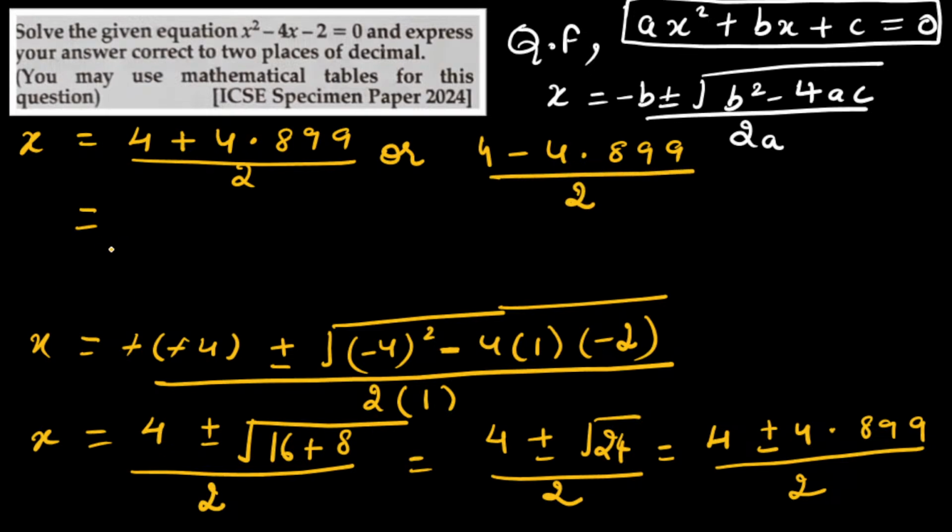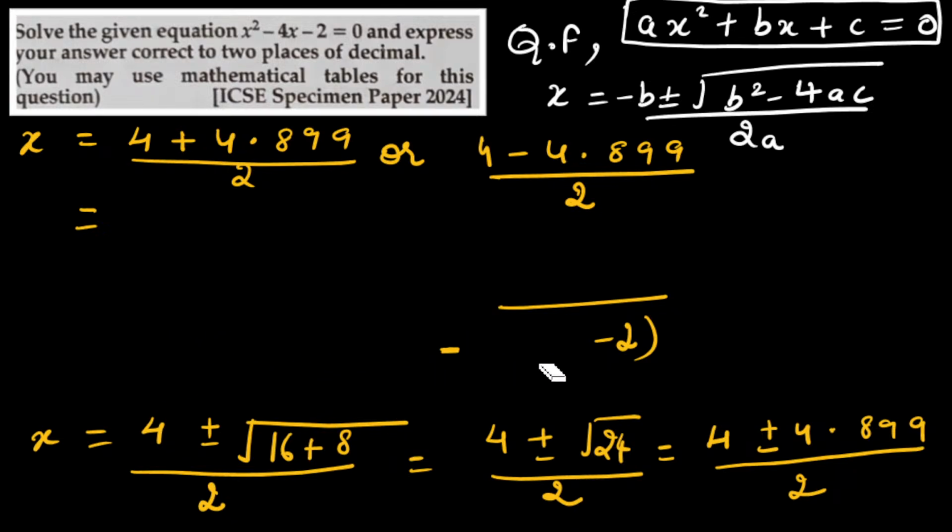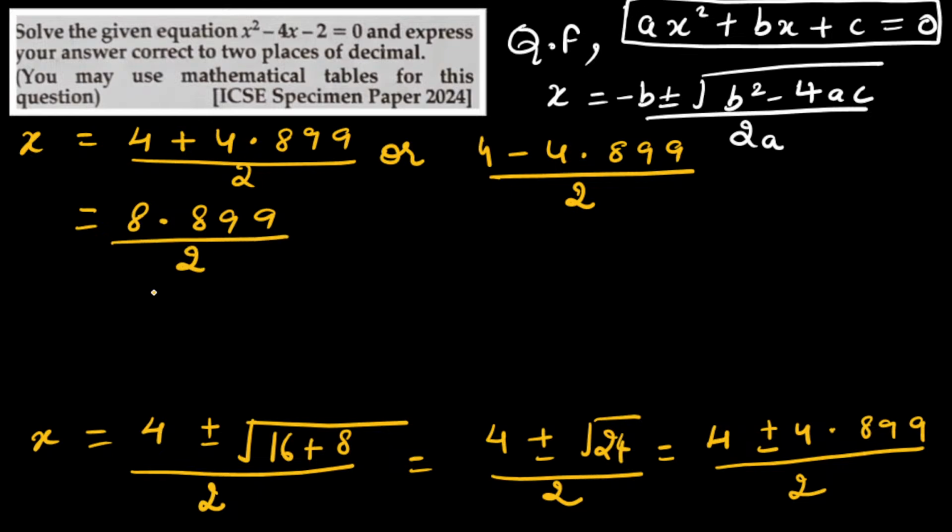When you add these two, you will get 8.899 by 2, which is 4.449 when you divide it by 2.